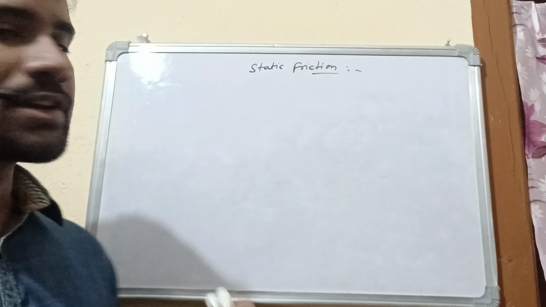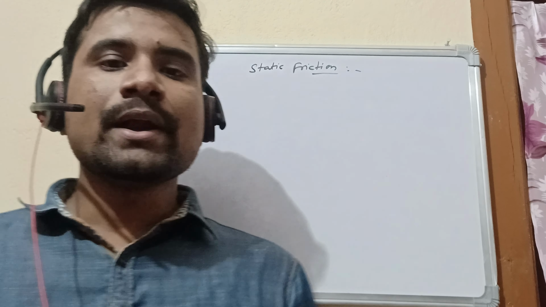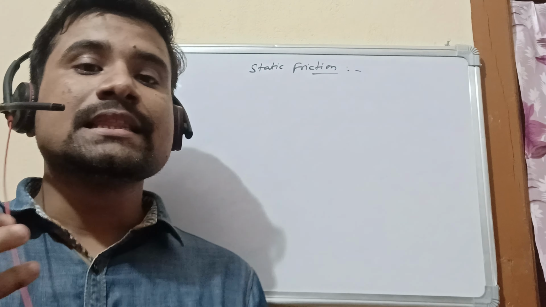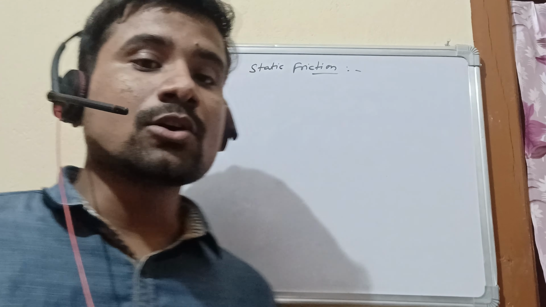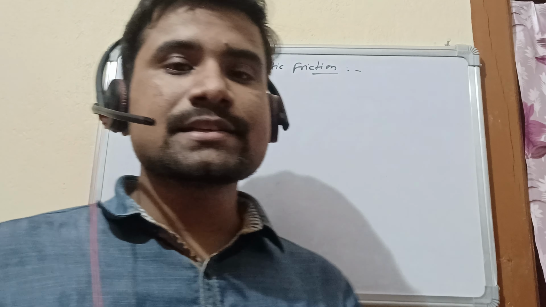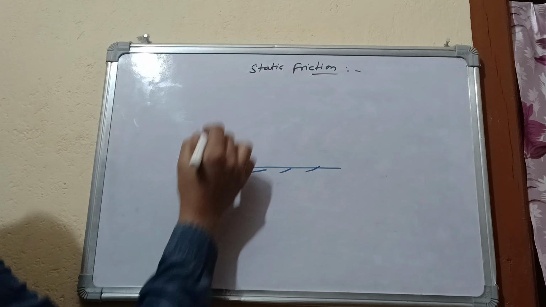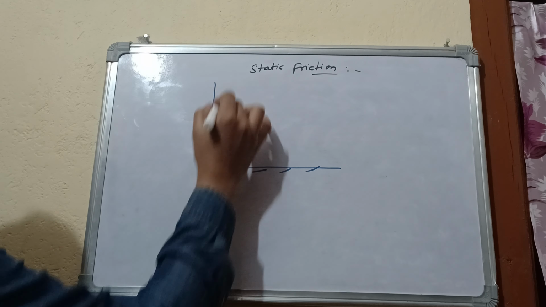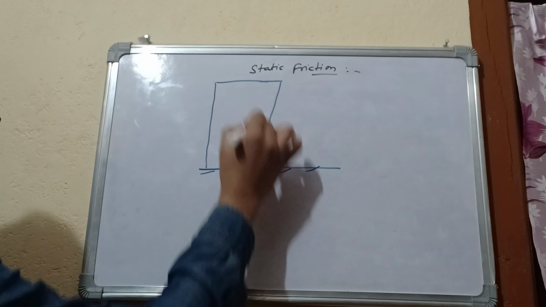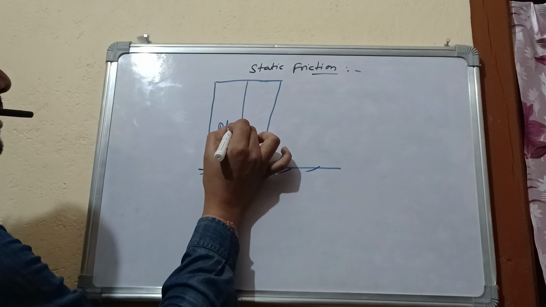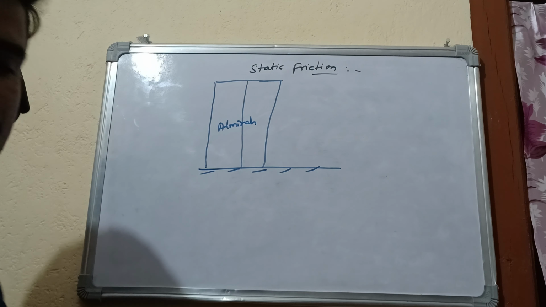The next type of friction is static friction. When two bodies are stationary with respect to each other, when they are not slipping over each other, then the frictional force acting on them is static friction. Let's understand by a very simple example. Let's say this is a surface, and there is a very big block, let's call this an almirah.